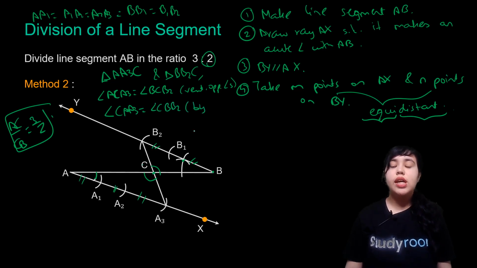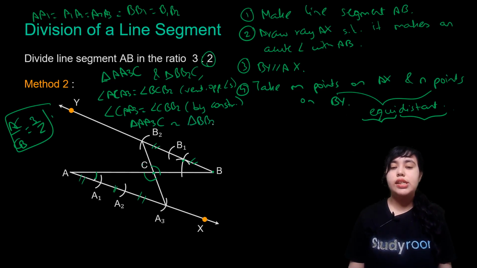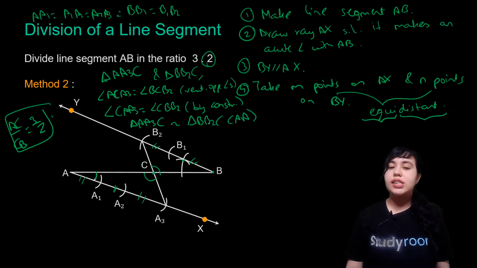Remember, we made these rays AX and BY parallel by constructing equal angles. So if any two corresponding angles of two triangles are proven to be equal, we can say that the two triangles, in this case AA3C and triangle BB2C, are similar by the AA similarity criterion. Now we know that if two triangles are similar, their corresponding sides are in the same ratio.